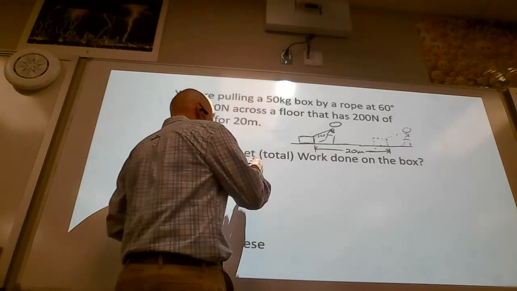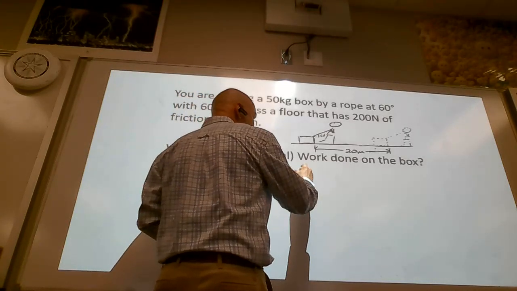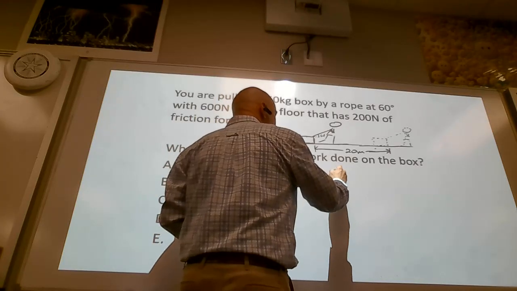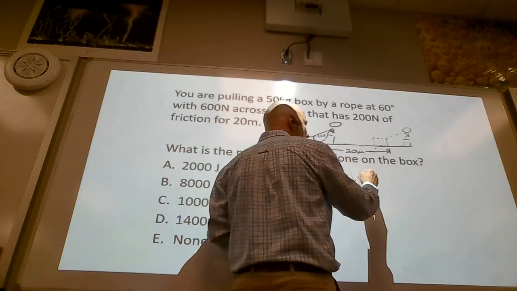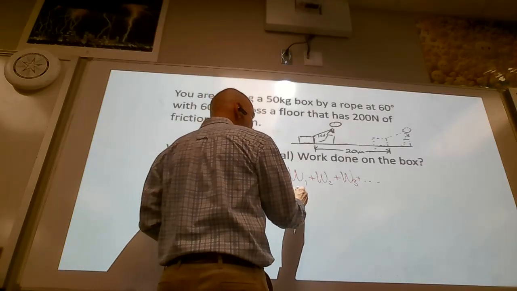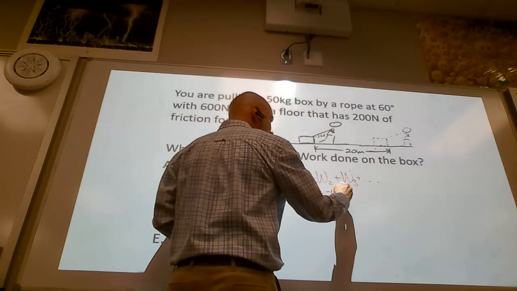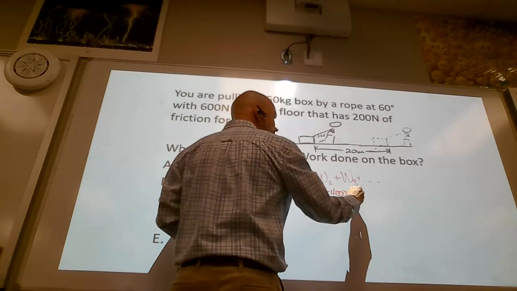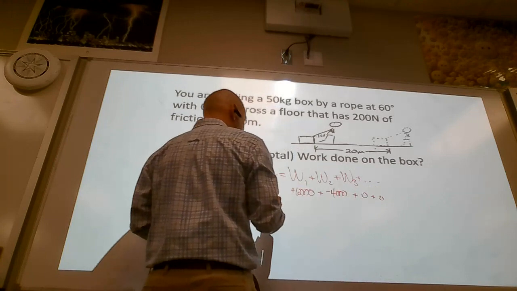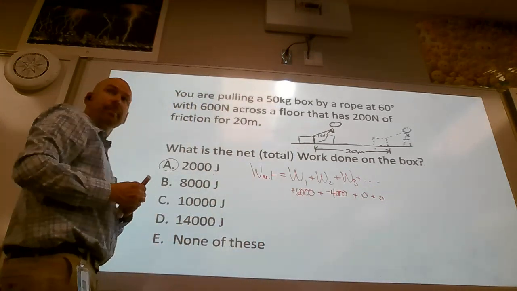So you can either find the net work by adding up all the works done. By the way, I just kind of led you to do it. So we had a positive 6,000 plus a negative 4,000 plus 0 plus 0. That gave you 2,000.